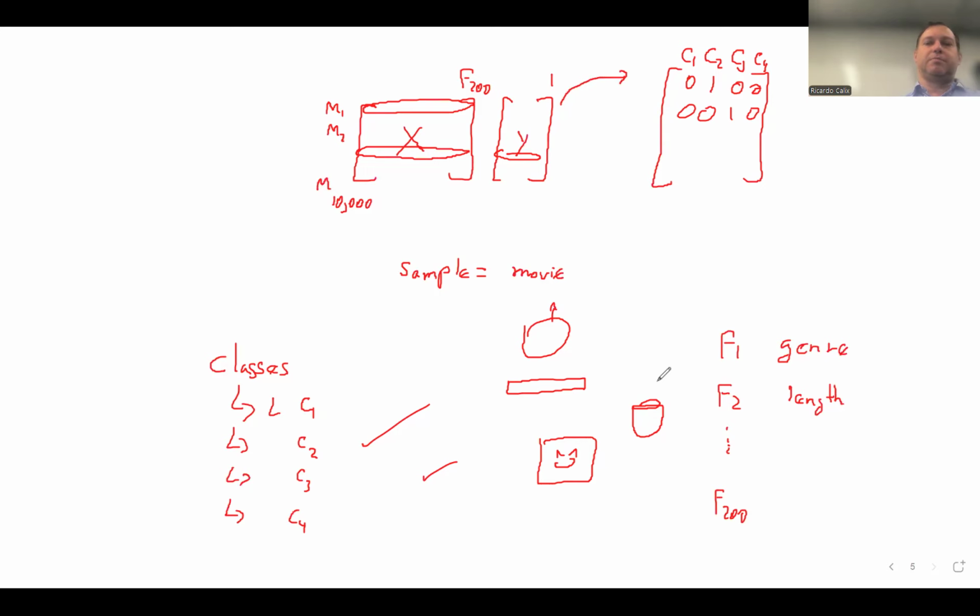Now the labels. We have to think of the labeling scheme here. There are all these movies, and we already established they have a genre and a length, so that's consistent across all of them. Then a person comes in and looks at The Matrix and says, I like that.